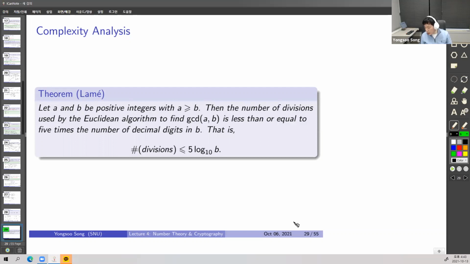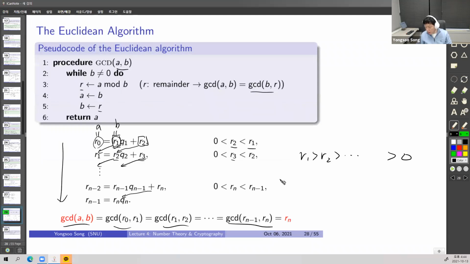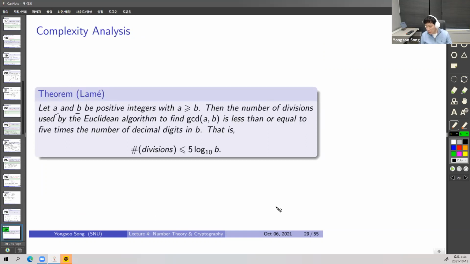It says that if A and B are positive integers, then the number of divisions, which means the number of iterations in the Euclidean algorithm, is bounded by 5 times the number of decimal digits in B. That is, five times log base 10 of B. I'll prove this theorem in the next class.